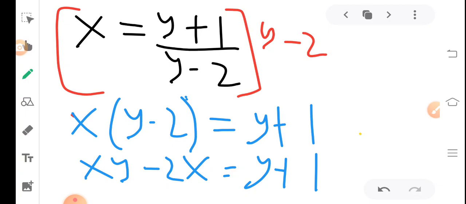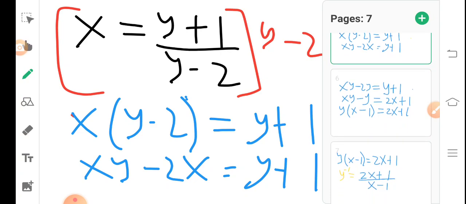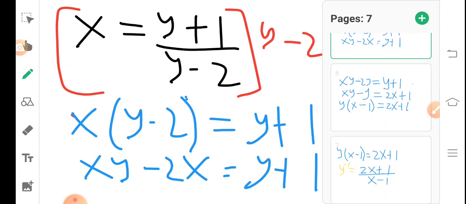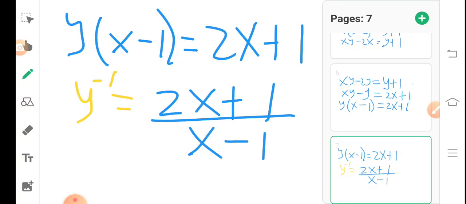By distributive property, xy minus 2x is equal to y plus 1. Then by factoring, y times x minus 1 is equal to 2x plus 1. So our inverse is 2x plus 1 all over x minus 1.